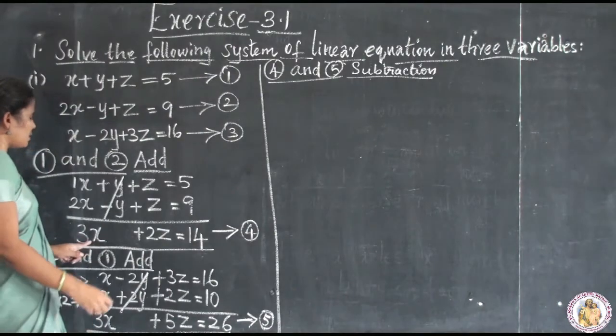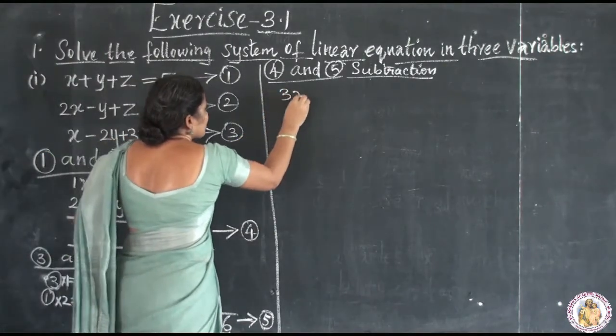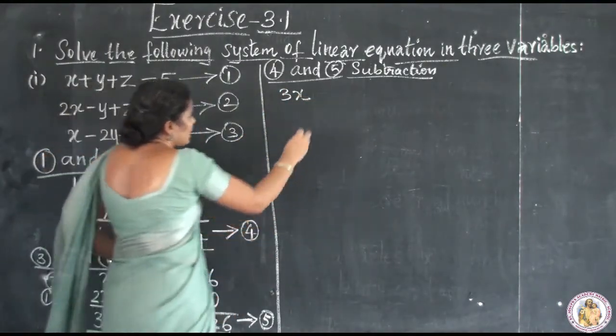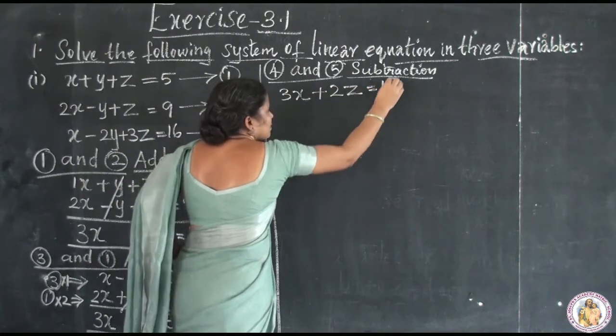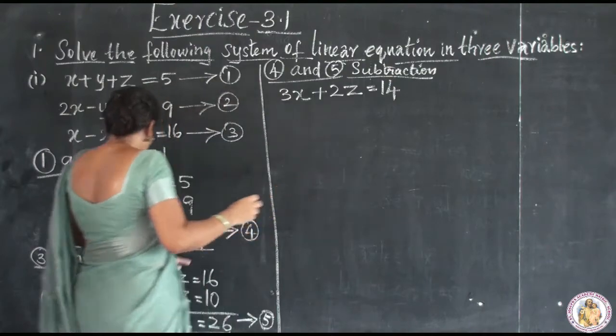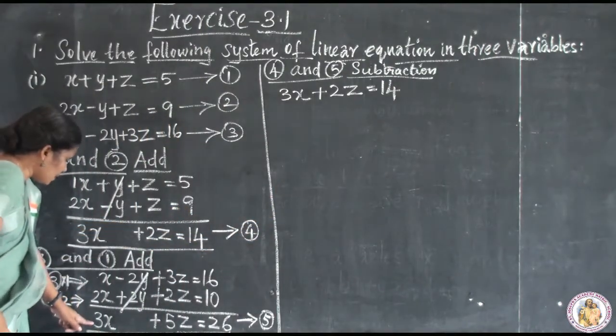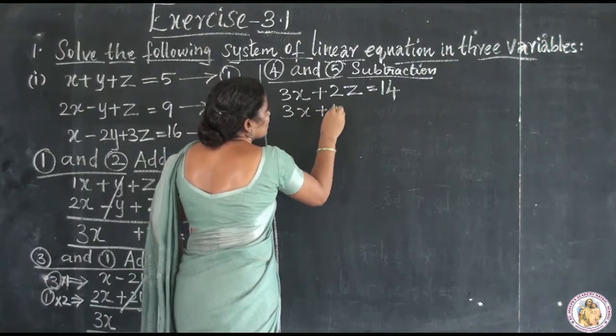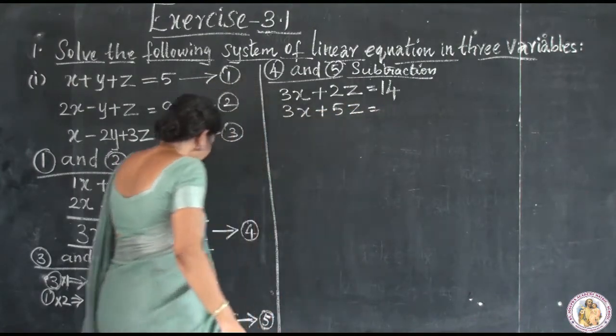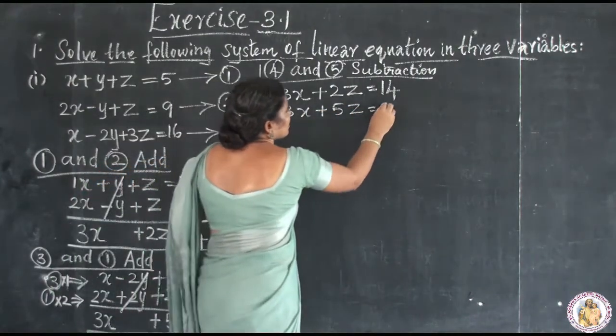So the fourth equation: 3x plus 2z is equal to 14. And in the fifth equation: 3x plus 5z is equal to 26.